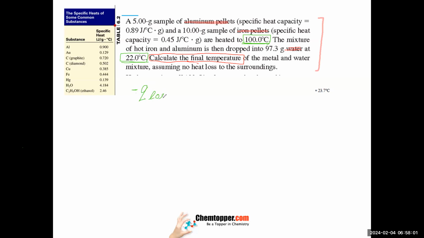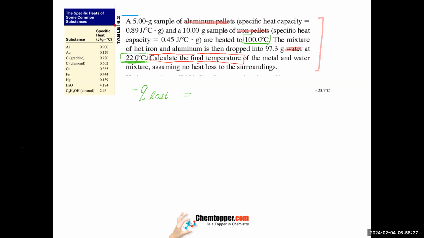Who is doing it? Which two systems out of three are losing? Only iron? What about aluminum? No, Saranya. Sanjana, I think. Yeah, Sanjana, water is at low temperature.